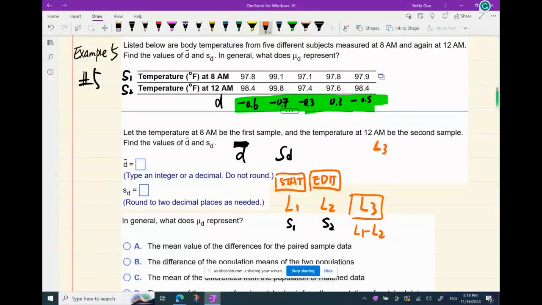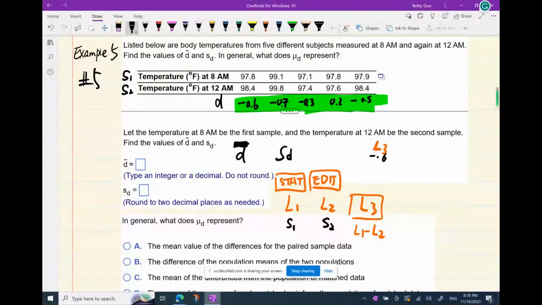Make sure your indicator is highlighting L3, and when L3 is highlighted, you enter second one minus second two. On the bottom, you will see L1 minus L2. After you hit enter, you will have the following values in L3.